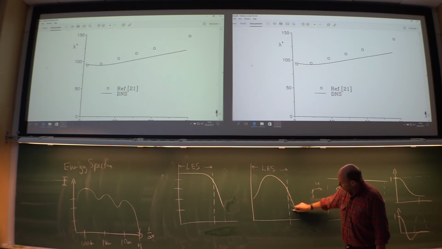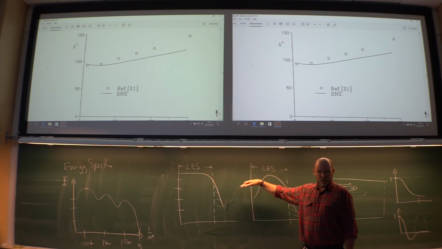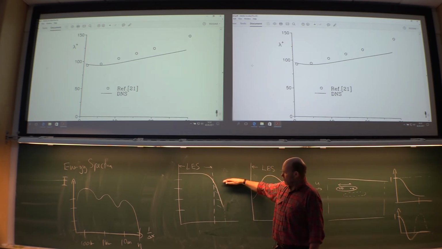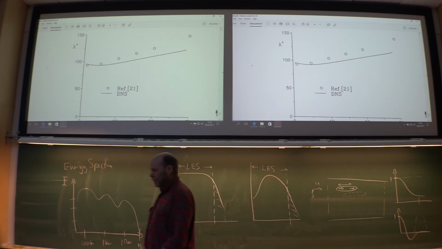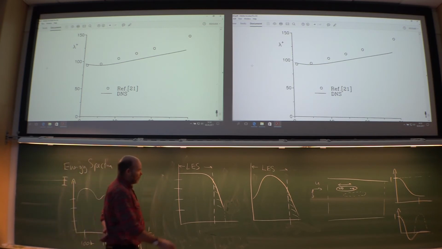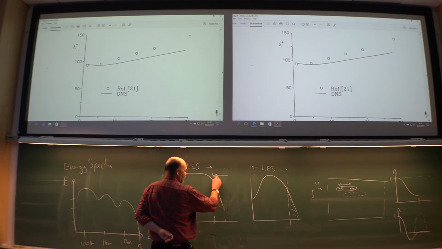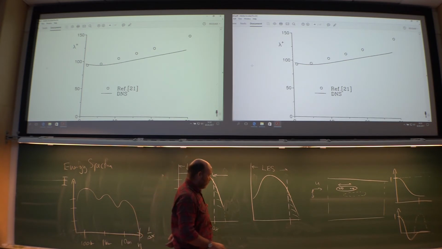But I have to do something with the rest. I'm missing this part. And if you just ignore it, then you will see your energy spectra start to go here or even go up again. Then you don't have enough resolution. So what do you do? You put in a subgrid scale model to cover this part. So here is your smallest delta X or delta Y or whatever.